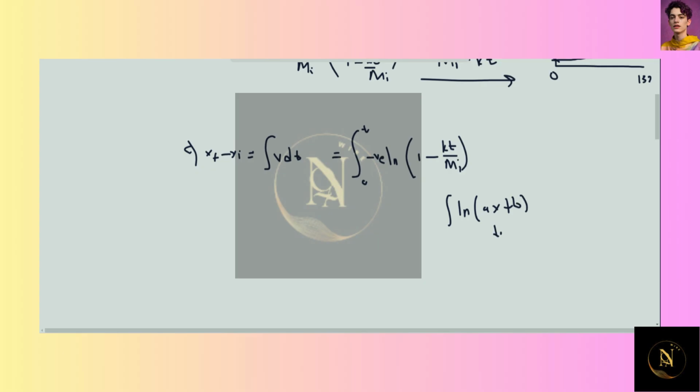This integrates into (ax plus b) over a, times the natural log of ax plus b, minus x. You can look up this integral here. There's no need to redo it if it's already given somewhere.